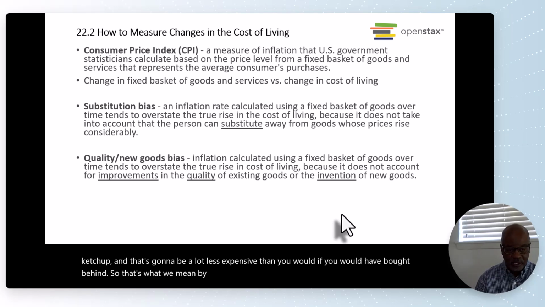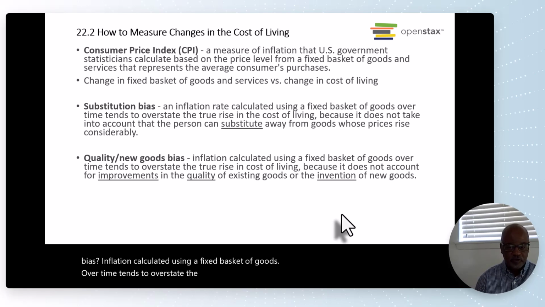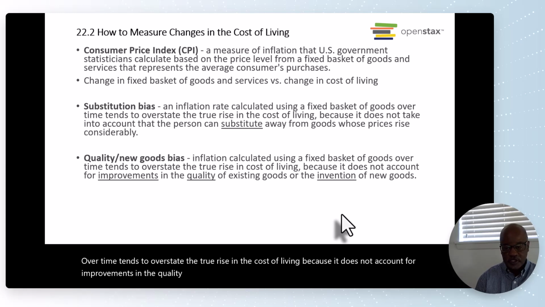So what about quality or new goods bias? Inflation calculated using a fixed basket of goods over time tends to overstate the true rise in the cost of living, because it does not account for improvements in the quality of goods or the invention of new goods. And that's an important point as well.